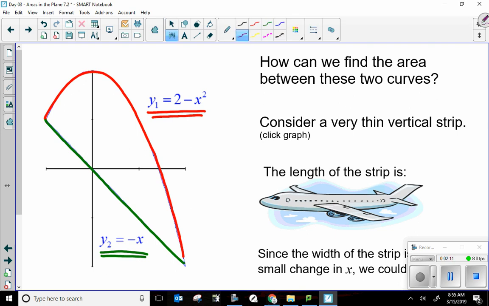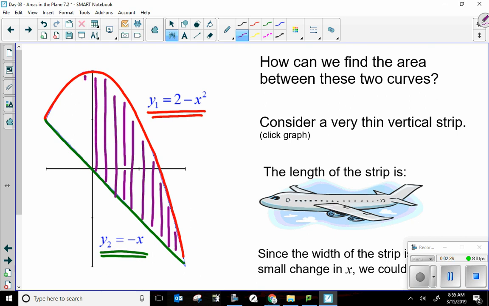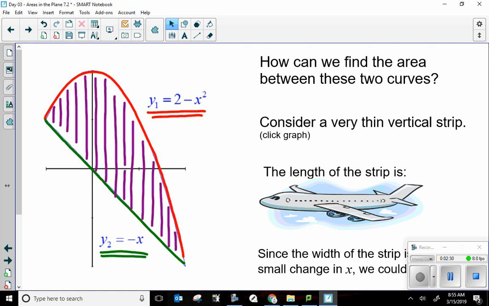I don't want the area just to the x-axis, but I also want to include this as well. So I'm going to do the area, the vertical sort of shapes between all of this. I want all that area.